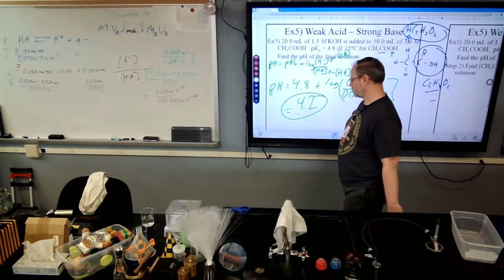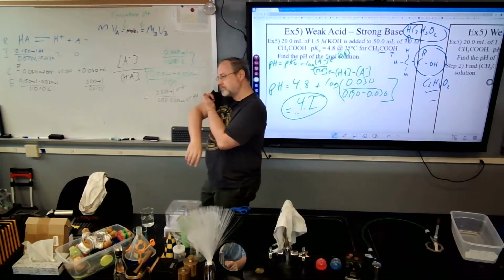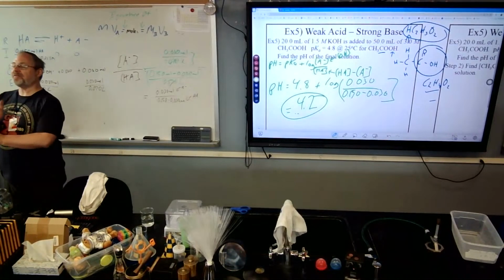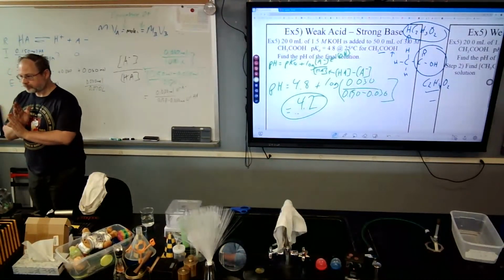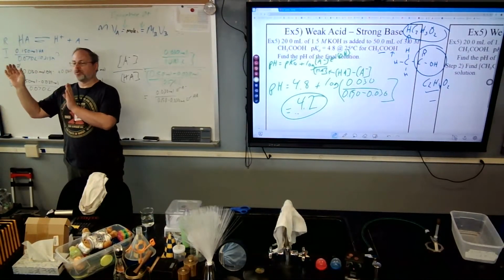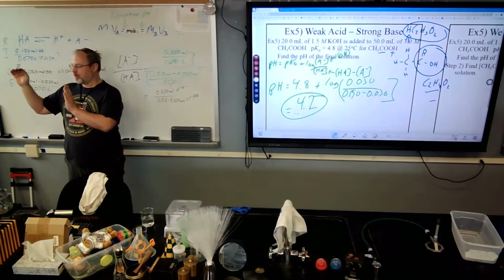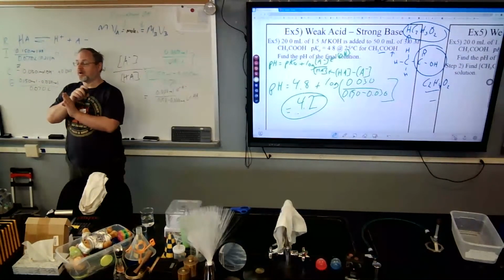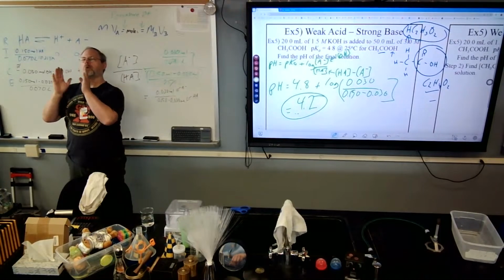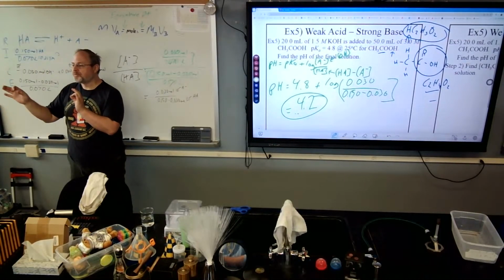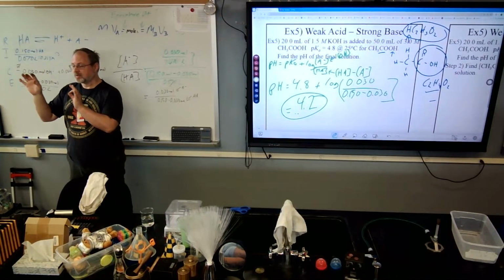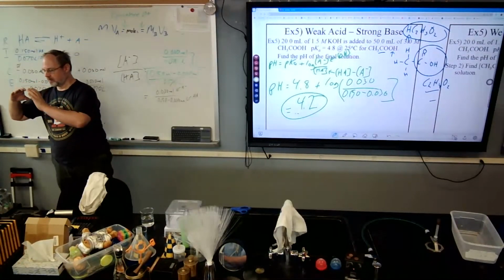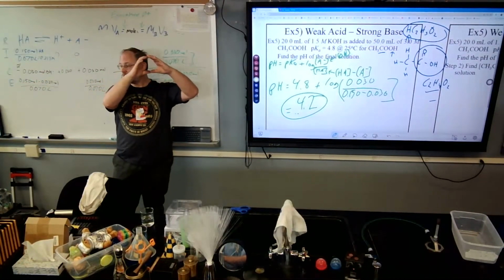Why is HA equal to HA minus A minus? At the half equivalence point, we start with a bunch of HA. We consume H pluses, leaving an A minus behind. So we start with a whole bunch of HA, and we go to no HA, all A minus.